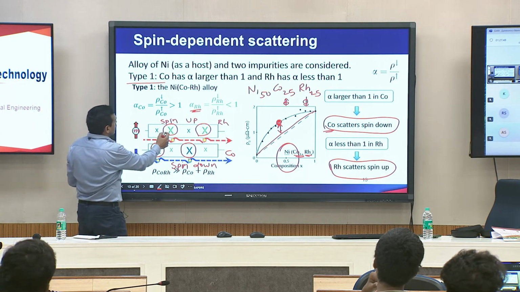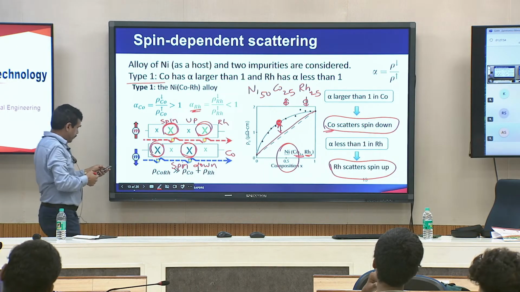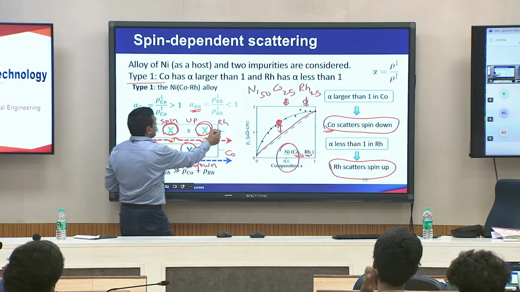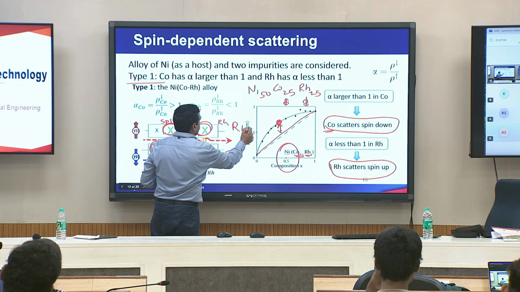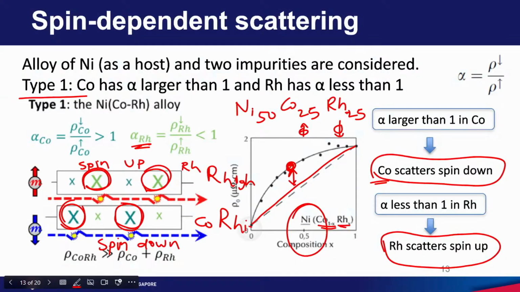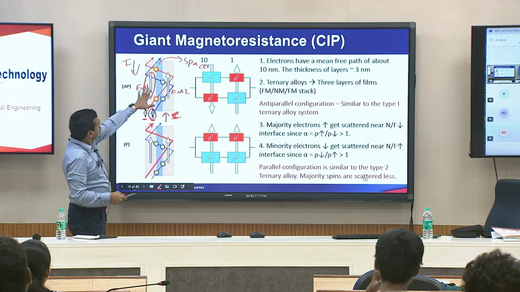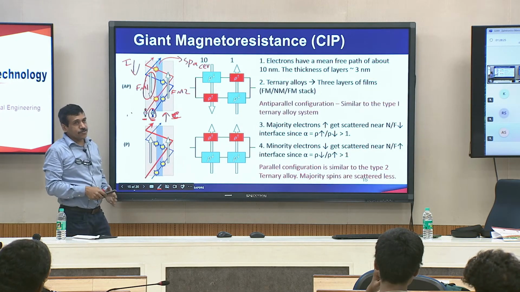In type 1 alloy we learned that both spin up and spin down electrons get scattered, right, which means the resistance of this path is high, resistance of this path also is high. So, when you have two parallel resistances where both resistances are high, the resistance of this parallel combination is going to be high. Okay. So, that is what happens in GMR configuration where you have anti-parallel magnetization.